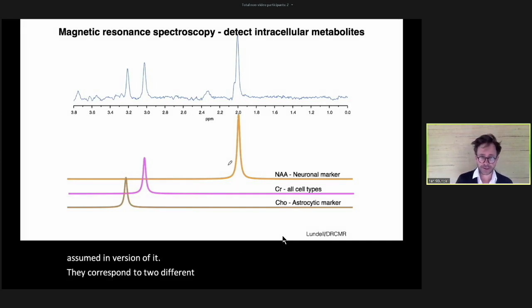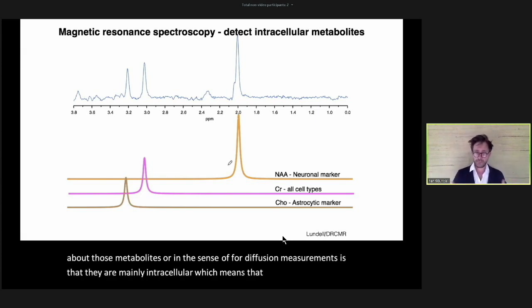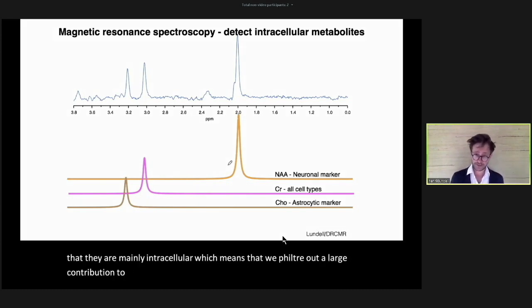The interesting thing about those metabolites for diffusion measurements is that they are mainly intracellular, which means that we filter out a large contribution to the diffusion signal, the extracellular space, and we start getting into a more specific signal.